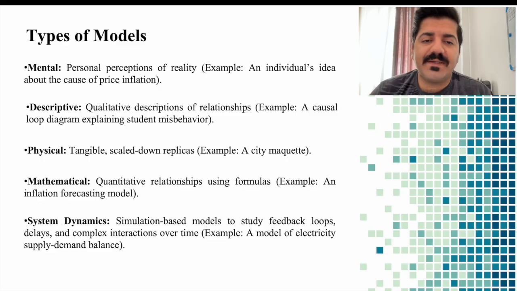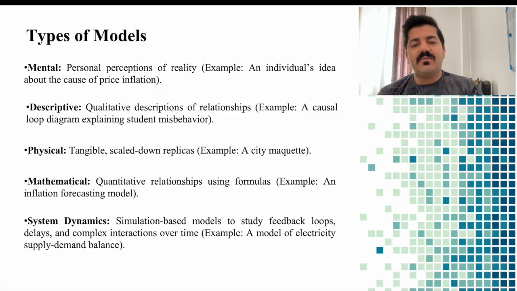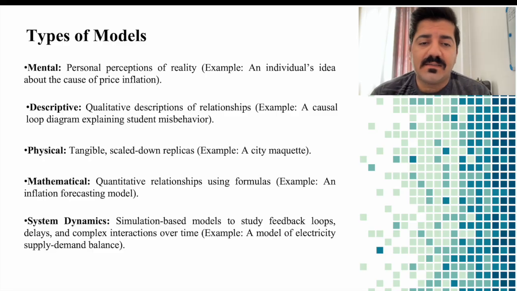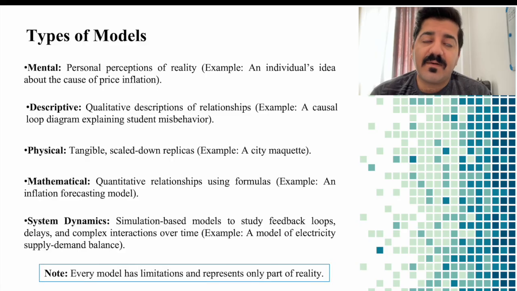I mean to emphasize that all models simplify reality and have limitations. Each type serves a unique purpose, from personal perception to a complex simulation, from mental models to system dynamics models.